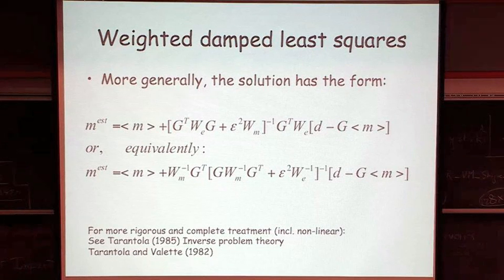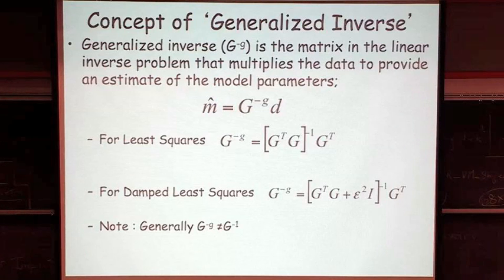So one concept I want to introduce quickly also. There is no inverse to that initial matrix G, first of all, because it's not even square. But we went through the process of how we can still get a model, with all its imperfections, from the data, and in the least squares case, this involves this matrix which we call the generalized inverse, which is of this form, G transpose times the inverse of G transpose G, right?